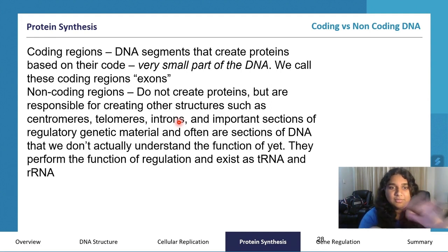We know that some of them form the centers of the chromosomes, some form the telomeres, but a lot of the functions of introns are not understood right now. The most important function that we do know is the regulation of genetic material, and some of them can also exist as ribosomal RNA and transfer RNA as well.